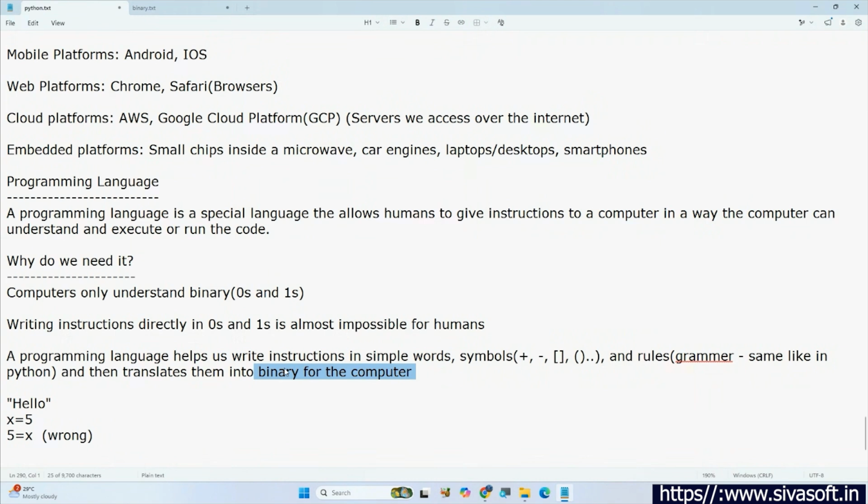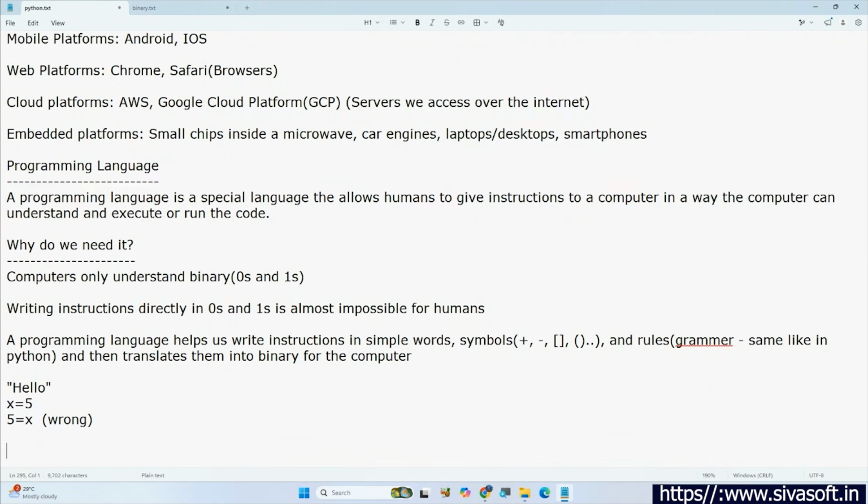Okay, suppose this Python language is not available, then no use. Who will convert between human and computer hardware? Is it clear, right? So Python is going to take care of that responsibility, converting from English to binary, nothing but zeros and ones. Any doubts?